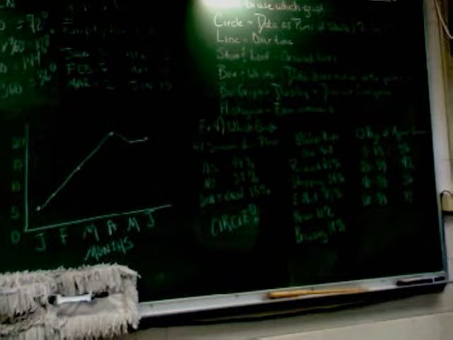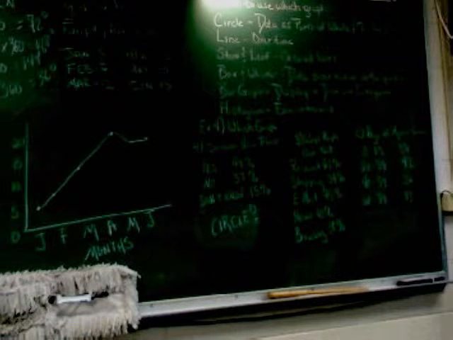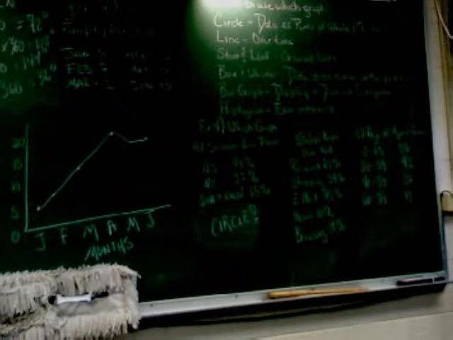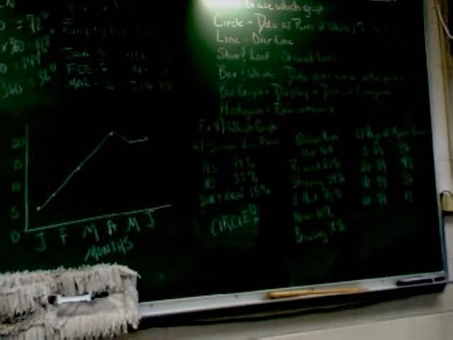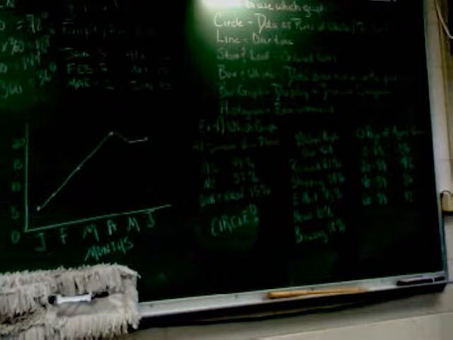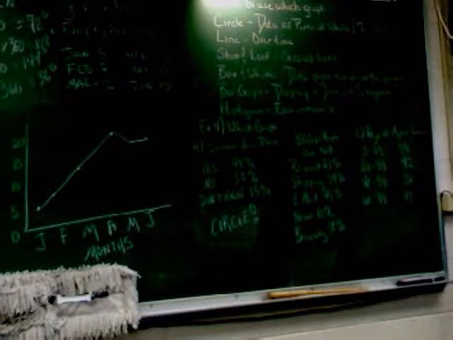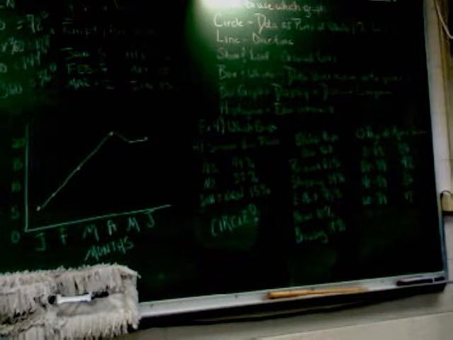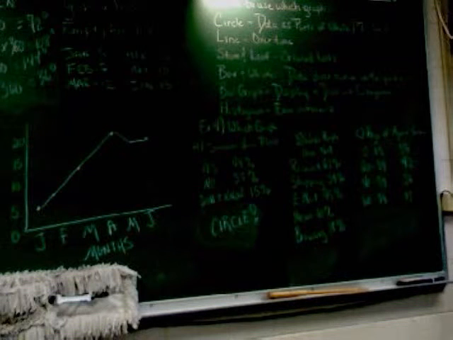Based on that list, which type of graph should I be making? What do you think, Kristen? I think circle. Nope, doesn't add up to 100%. You'd be right if they add up to 100%, but they don't add up to 100%.